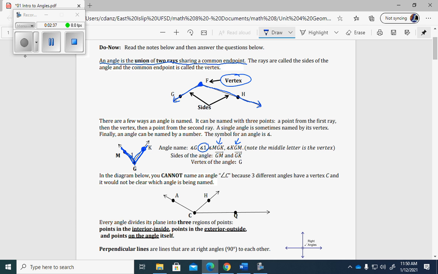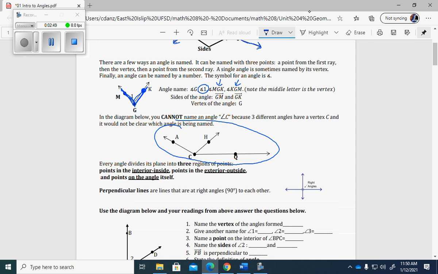Sometimes people would call this angle G. I usually stay away from that though, because if you have a picture like this one, I can't call this angle C. There are just too many angles in this picture that have C as its vertex. So I usually stay away from naming it with just one letter. I could name this that's highlighted in blue angle ACH.